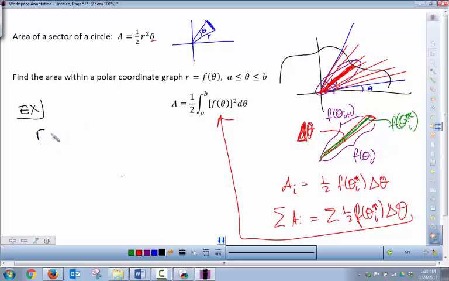I think one of the other examples that we had was 3 plus 2 sine theta, squared. I wrote it so small that you couldn't see it.